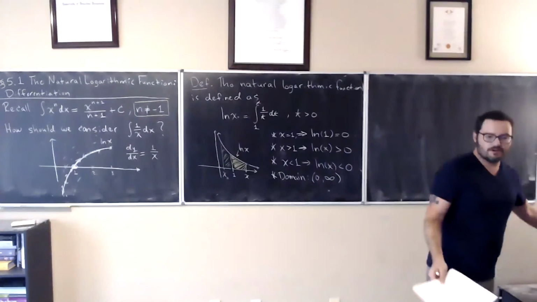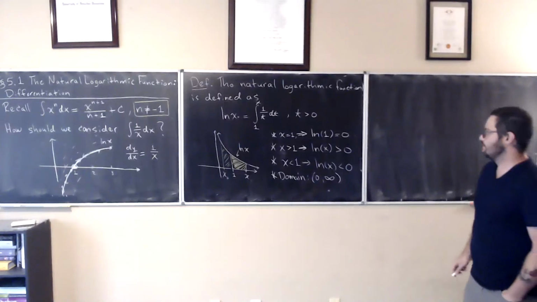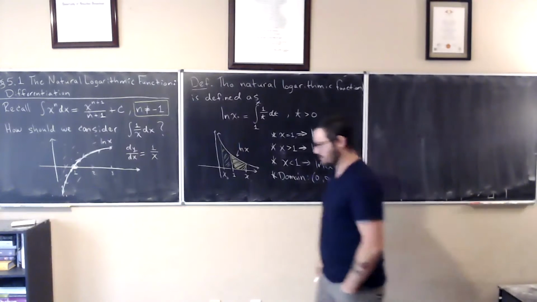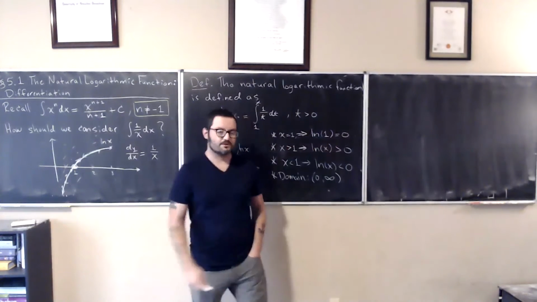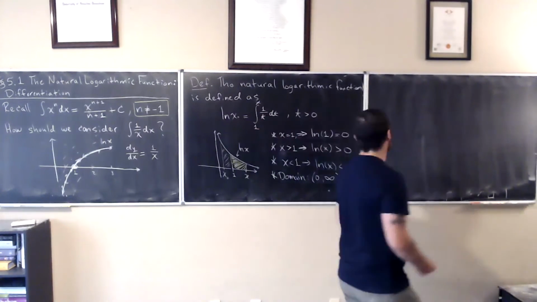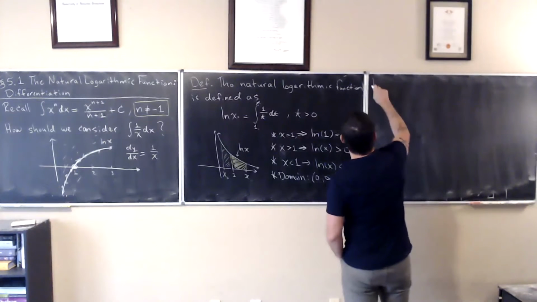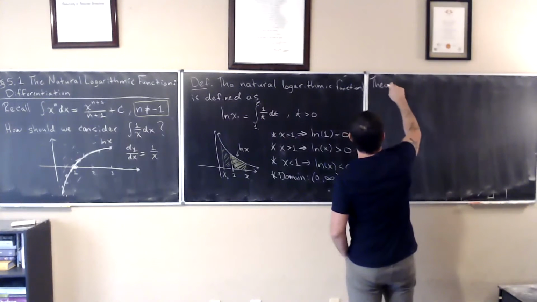Okay, so as you might recall from maybe a college algebra or pre-calc class, there are properties that the natural logarithm will satisfy. And I'm just going to recall those here at the statement of this theorem.